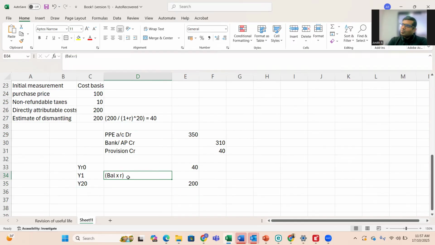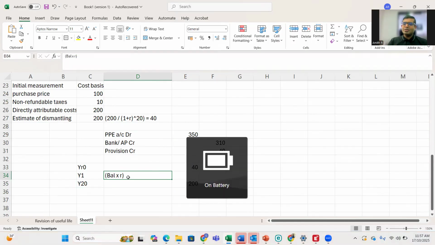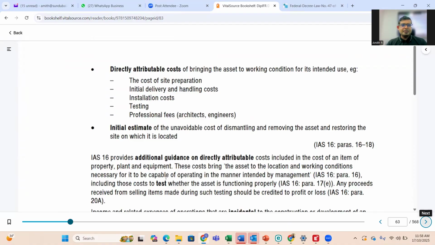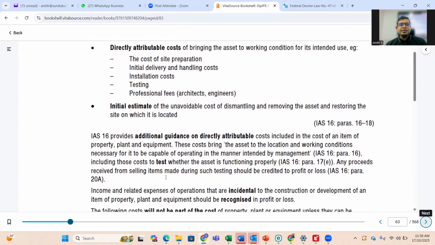It's not interest; it would be dismantling cost. Every year first we'll add it into the cost of the asset, and then after the asset is ready for use, whatever is incurred would be expensed. Okay, is that clear? That covers the initial estimate.